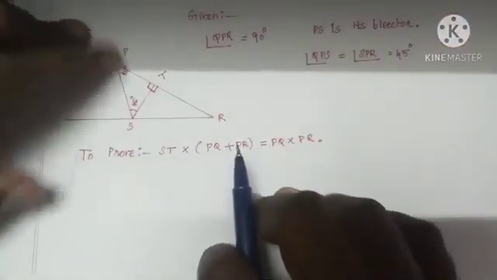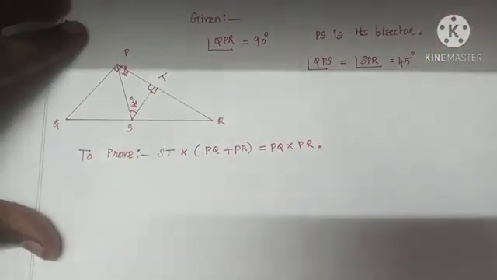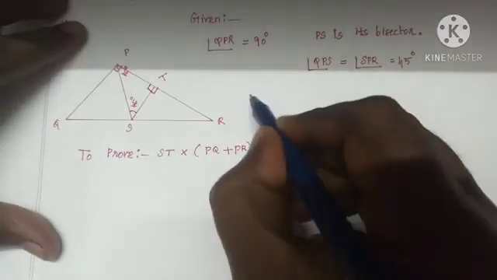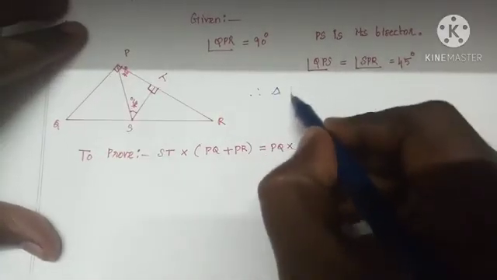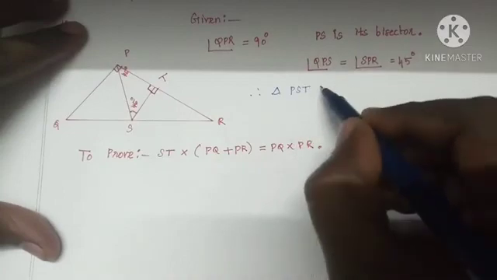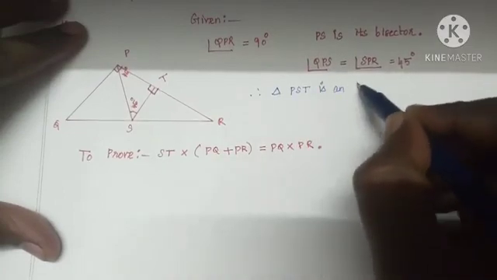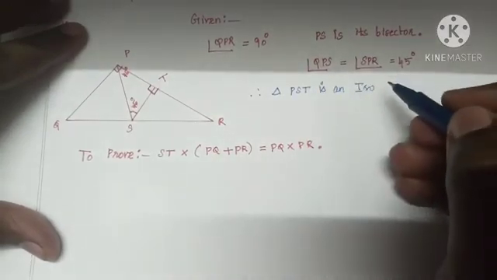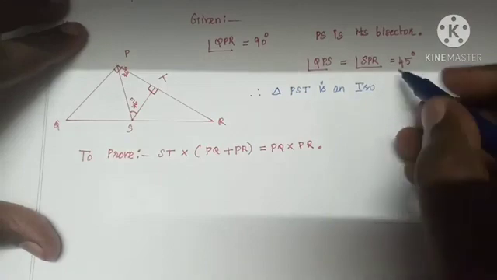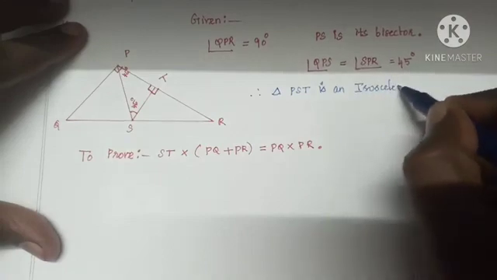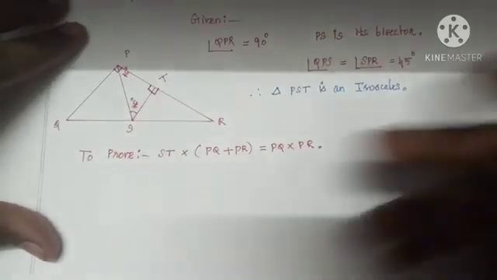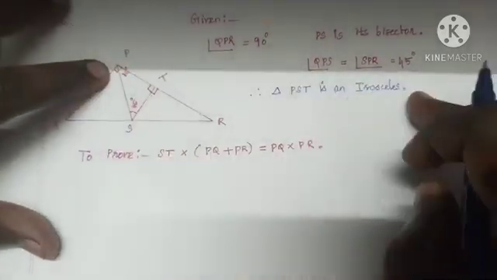Therefore, the triangle PST is an isosceles triangle.